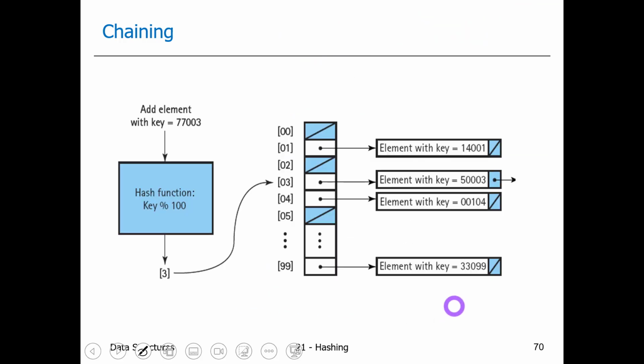These are the advantages. For example, look at this. Let's say you have to add the element 77003, and the hash function is key mod 100. If you take the mod with 100, it gives you 3. This is your location.